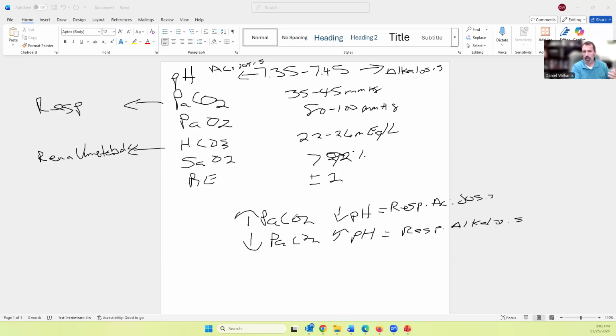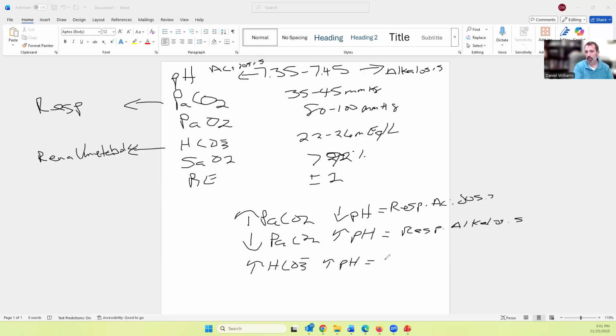We also have a metabolic or renal component, and that's going to be with our bicarb, which has a direct relationship with your pH. So if I have an increase in bicarb, that is also going to bring up my pH with it.